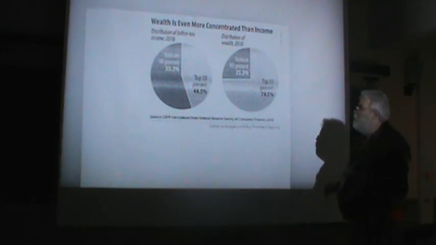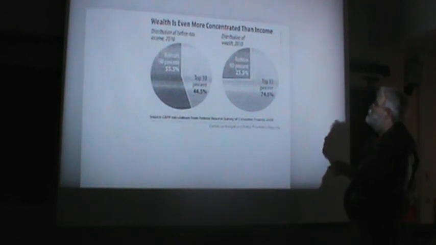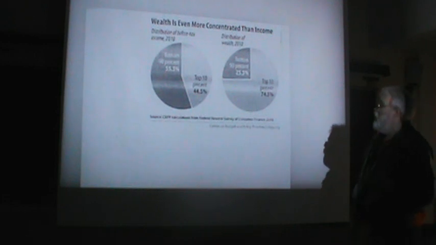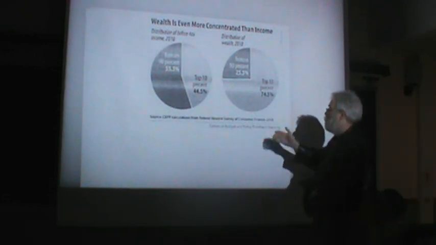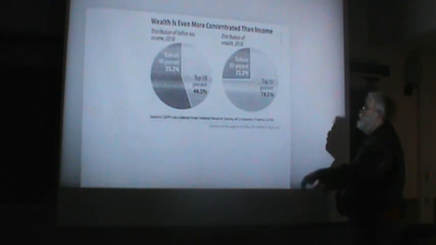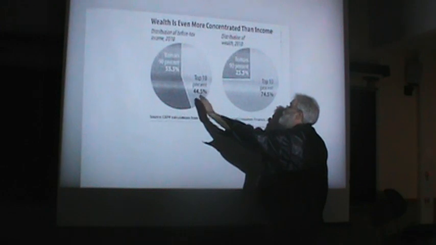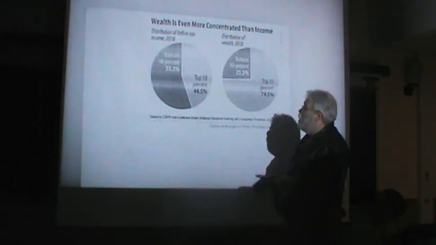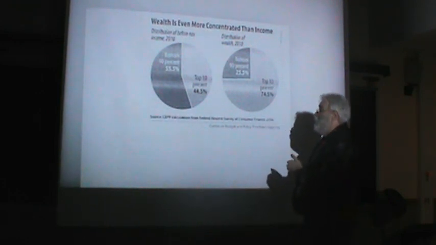The one thing I want to emphasize again is that wealth is even more concentrated than income, distributed more unequally. And here you can see that from data from the Federal Reserve System from 2010. Here we have the distribution of before-tax income. You'll see that the bottom 90% earned almost 56% of all income.